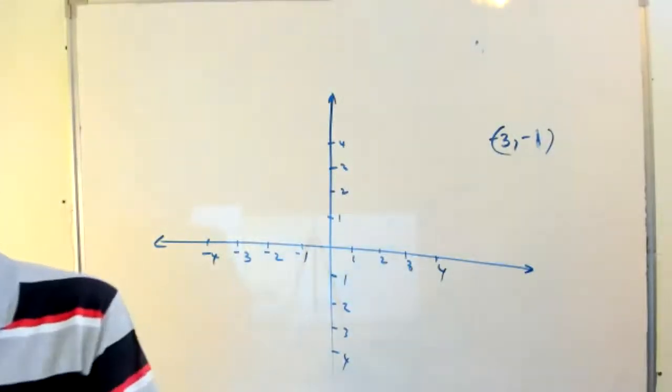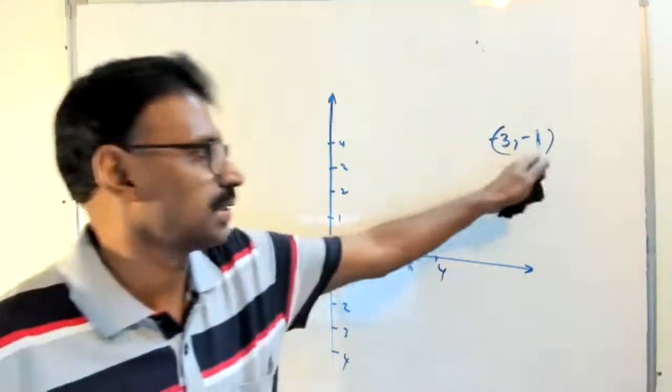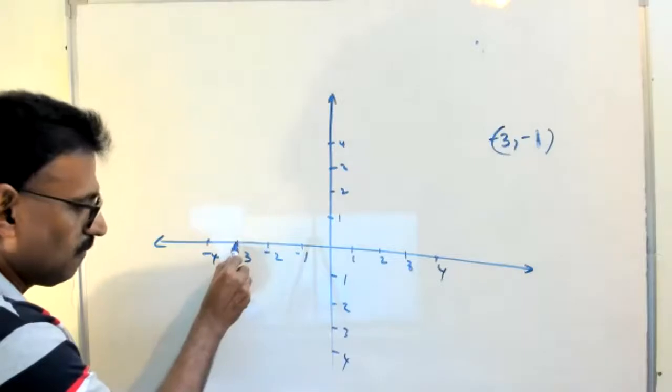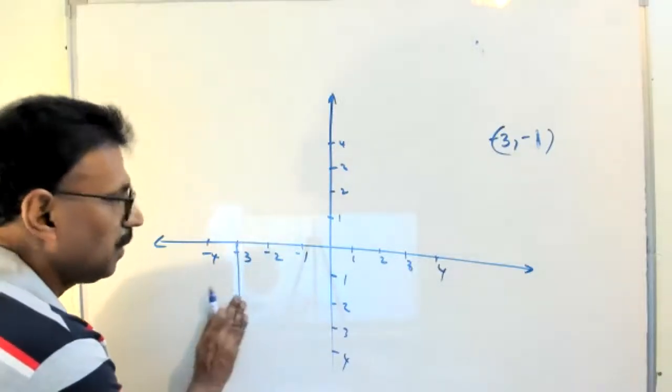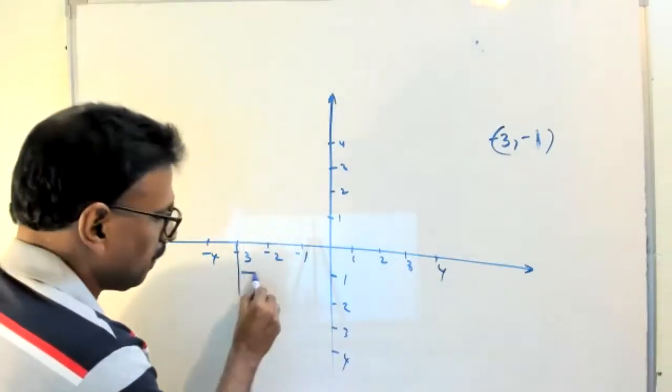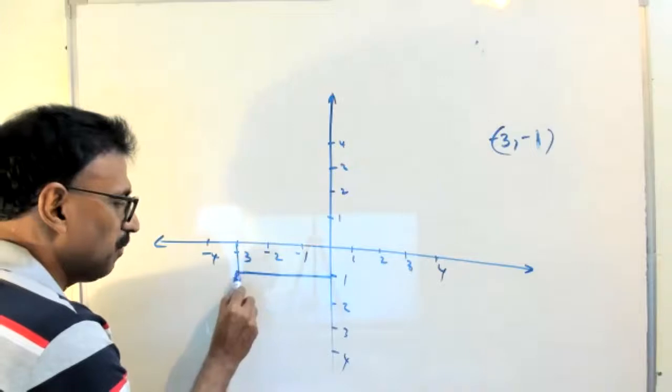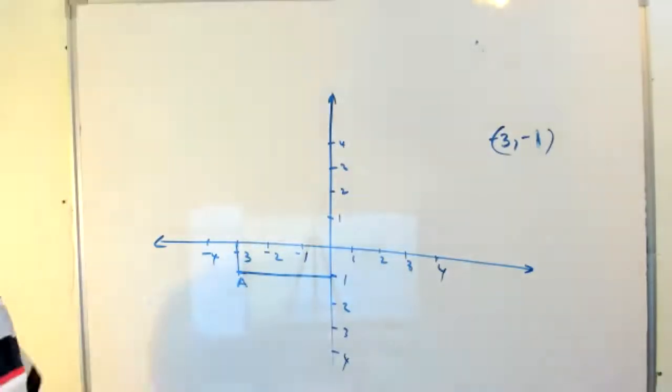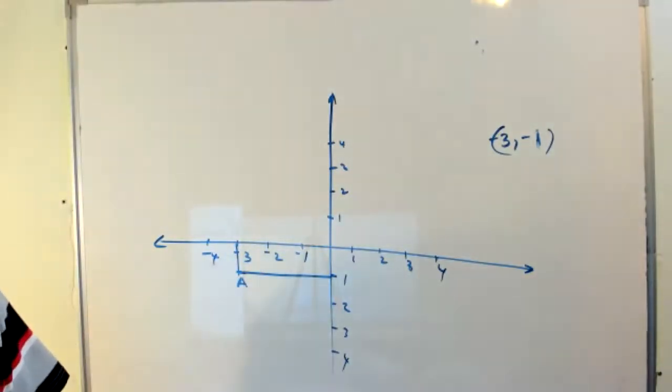First of all, fix your point. -3, -1. That is here. This is the original figure where you are standing. Viraj, understood or not? Yes, sir. Okay. This is the original figure, -3, -1.